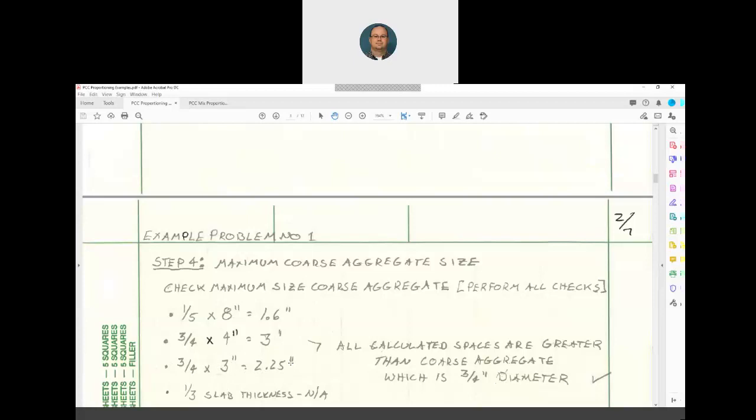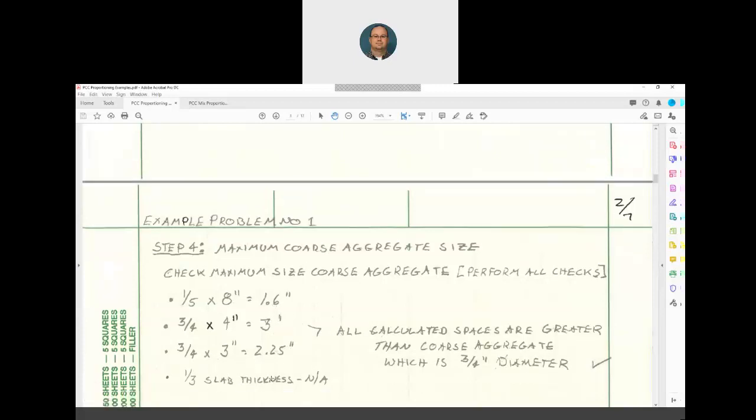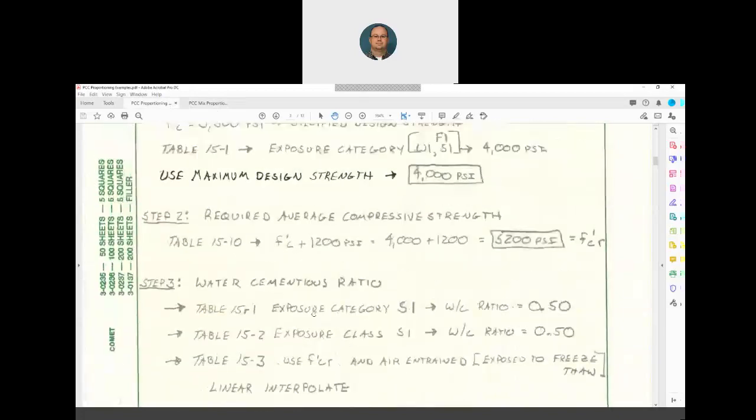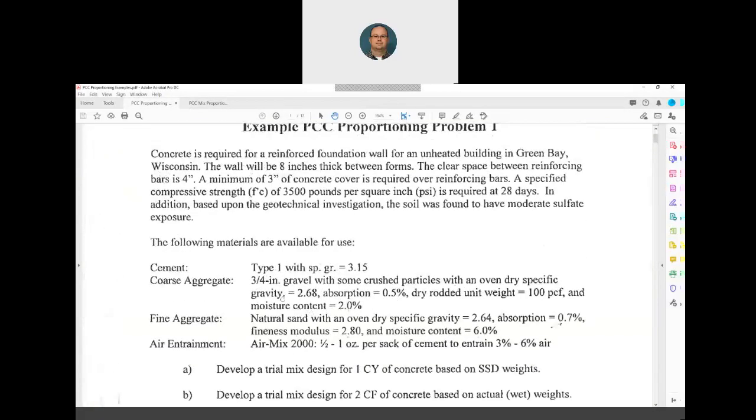So a third of the slab thickness, it's not a slab, so that's not applicable. All calculated spaces are greater than the coarse aggregate, which is 3/4 inch, because the problem says what materials I have. Coarse aggregate, 3/4 of an inch nominal aggregate size.